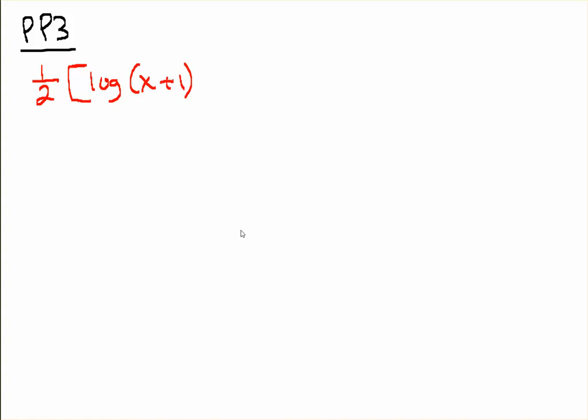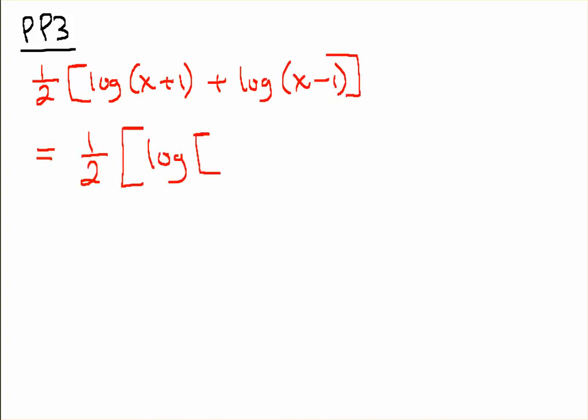So let me rewrite it just real quickly here. Keeping the 1/2 on the outside still, this now becomes log of another bracket, because it's x plus 1 times x minus 1. Kind of looks like a whole bunch of brackets, a whole bunch of parentheses here. But you should sort of see this is all part of this log right here.